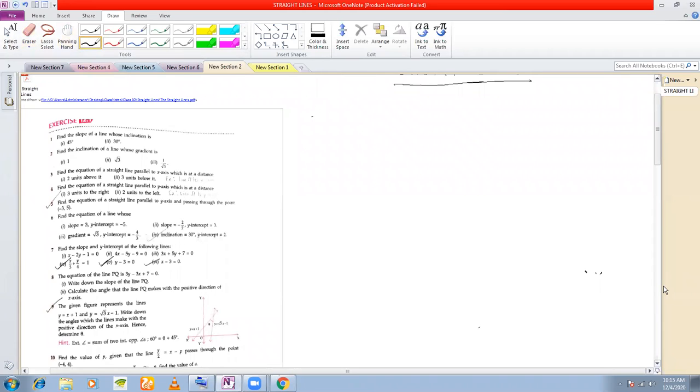So let us discuss standard forms first. Standard forms of the equation of a straight line.